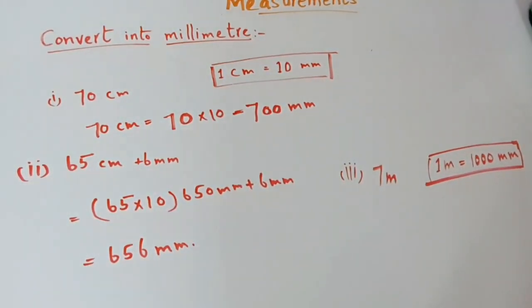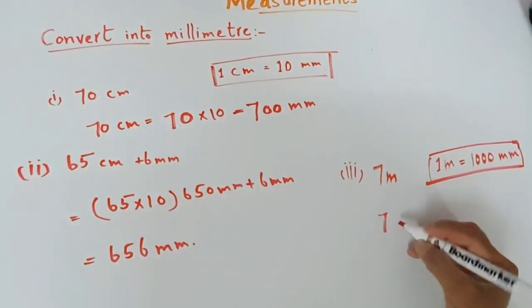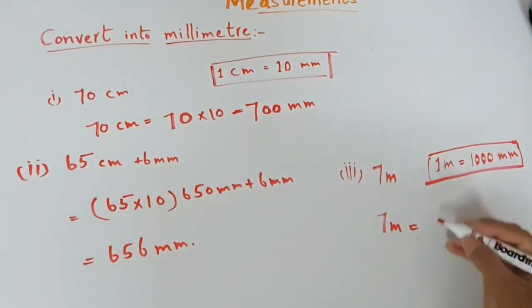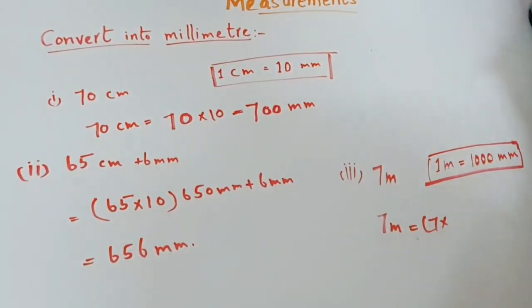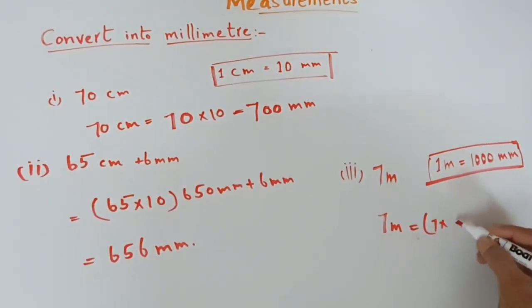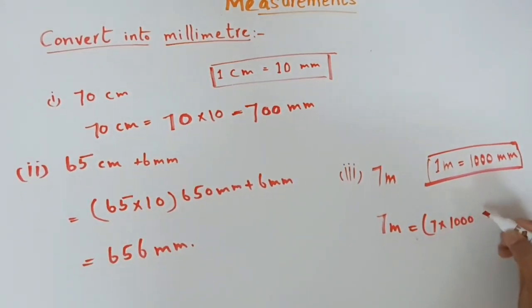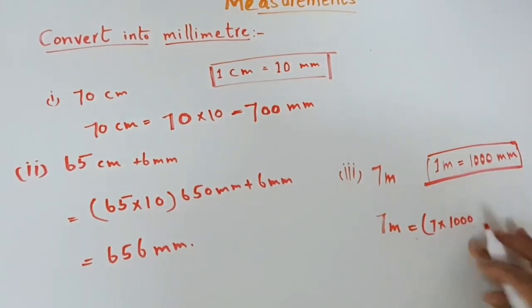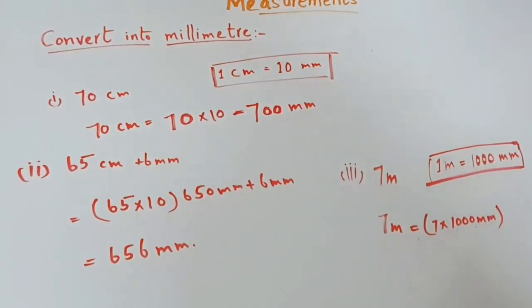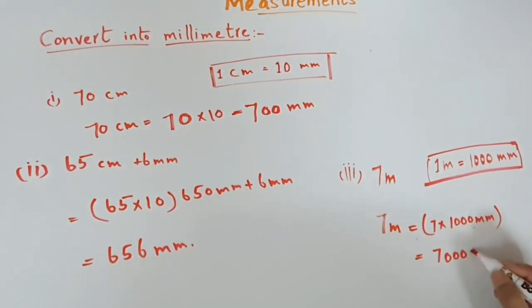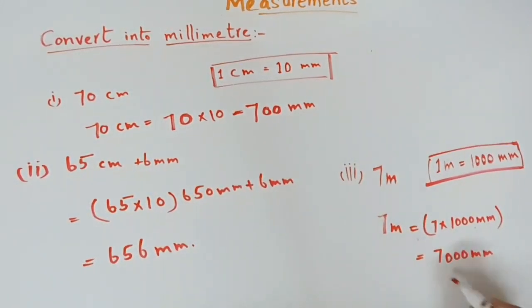So 7 into 1000 millimeter. Understood? So if you convert, 7000 will come, because 3 zeros are here. It is millimeter. We got the answer.